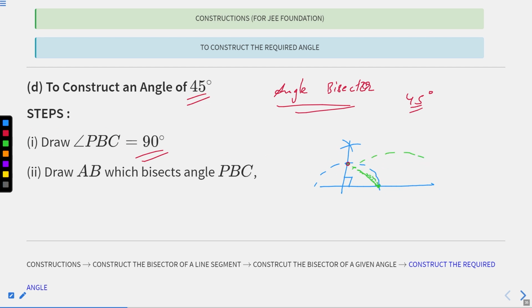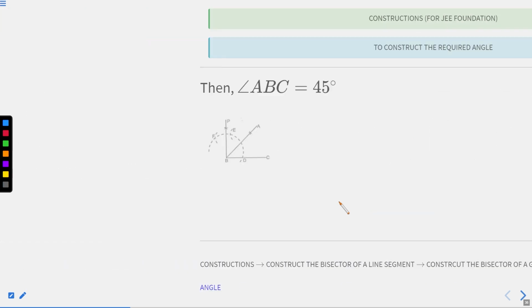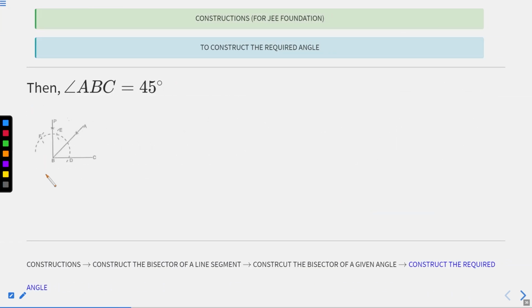Now our center is here, with the same radius we already took to make the green arc, make another arc, and this intersection we get, say it as F. Join this intersection and the intersection of the red and green arcs, and we will get our angle bisected, both at 45 degree. Okay, I hope this is also clear.